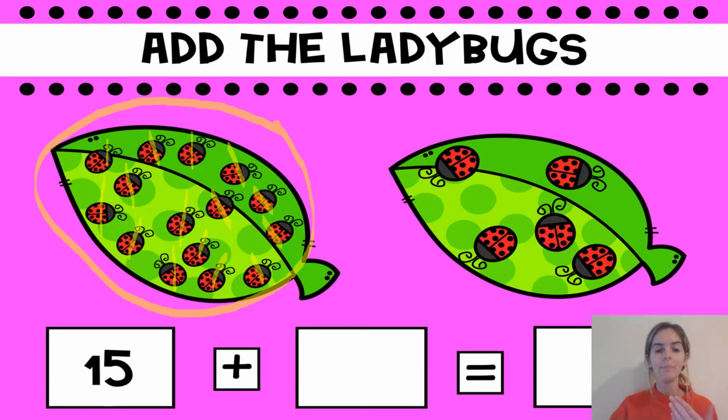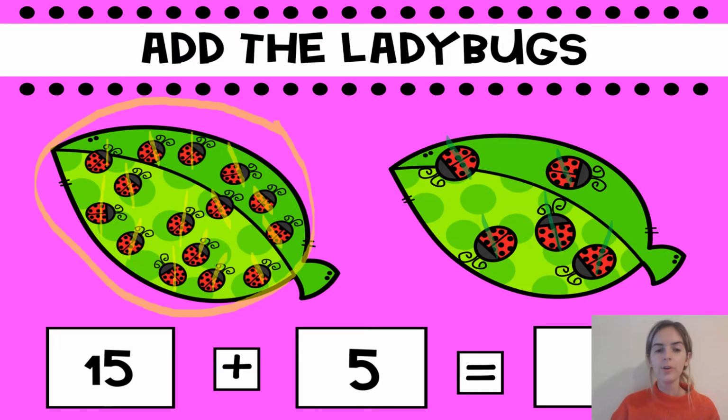15 plus, and then what's on my next leaf? How many ladybugs are there? Let's count them together. 1, 2, 3, 4, and 5. 15 plus 5. And what does that equal?